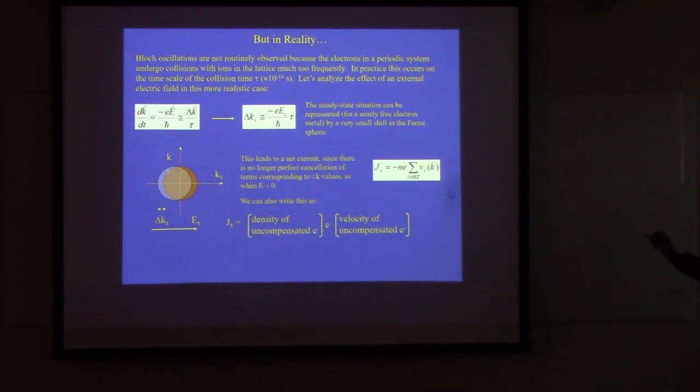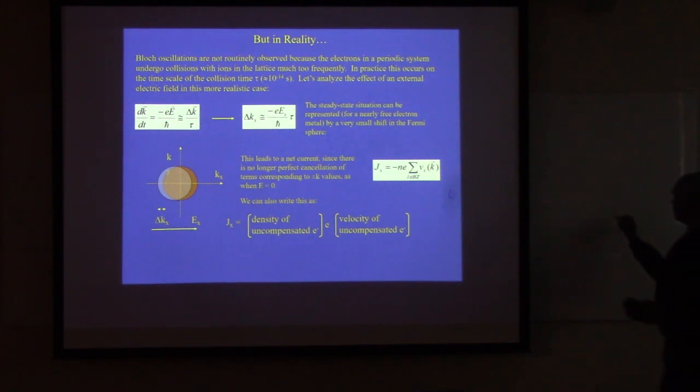Zero, right? Everything is filled, so we have plus Vk, minus Vk, and everything is cancelled. Now if I move this, you have this extra delta k coming from here. Because of that you have current. So your total current is given by J equals enV.